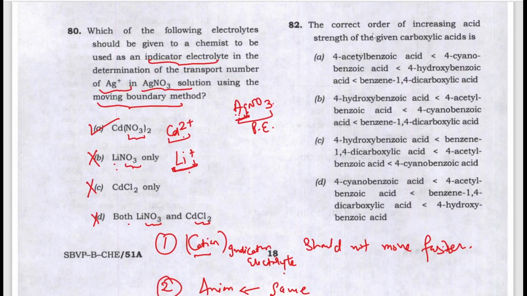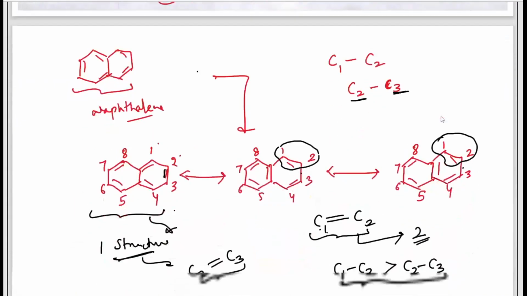In the next question, the correct order of increasing acidic strength of given carboxylic acids. So 4 carboxylic acids are provided here.